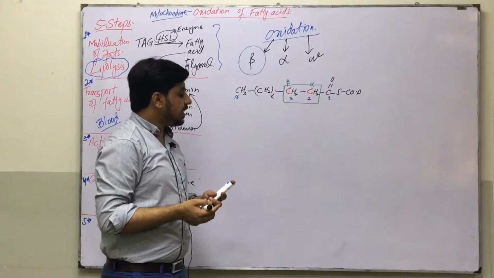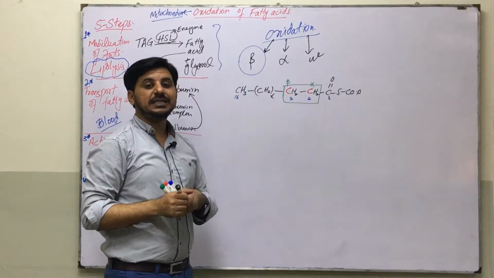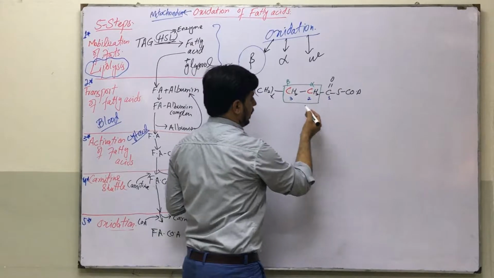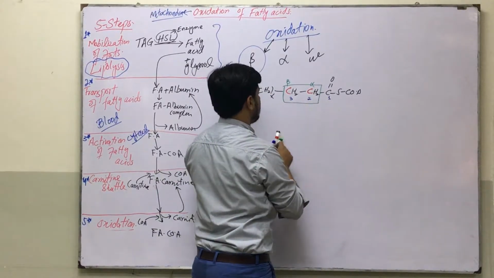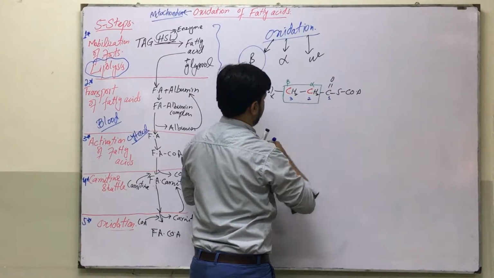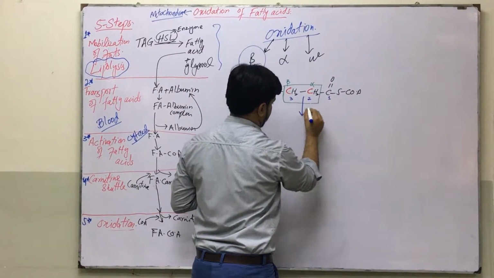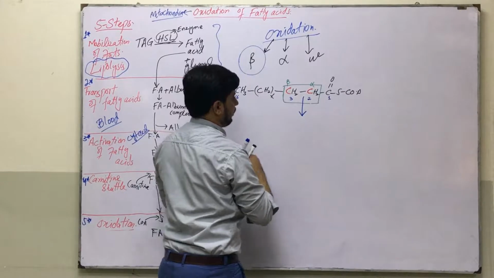In beta oxidation, the first step is a dehydrogenation reaction, and the enzyme involved in the first step is the dehydrogenase enzyme.